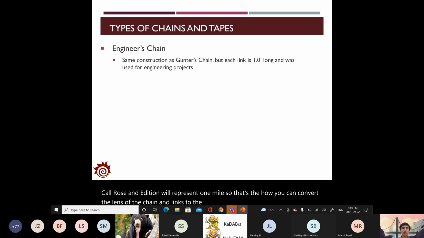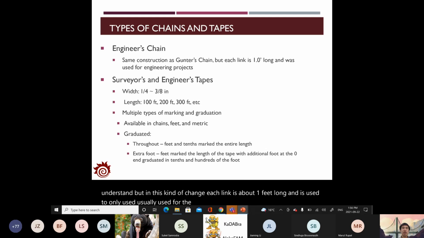We also have the engineer's chain. This is quite similar to Gunter's chain, but in this kind of chain, each link is about 1 foot long, and it is usually used for engineering projects. Another one is the surveyor's and engineer's tape.